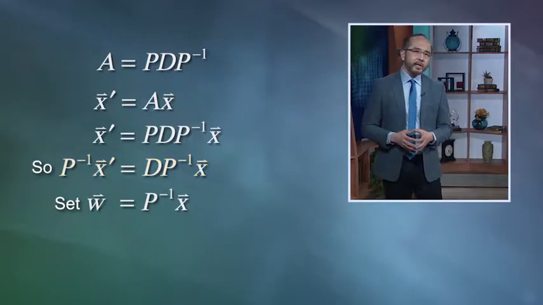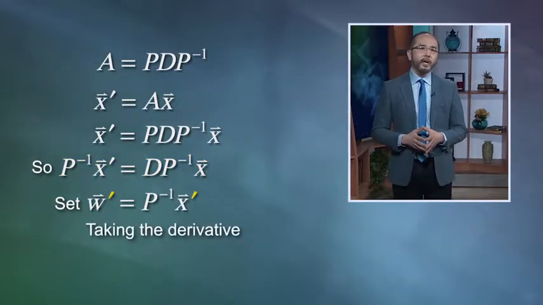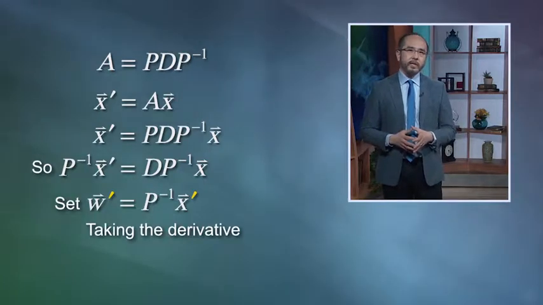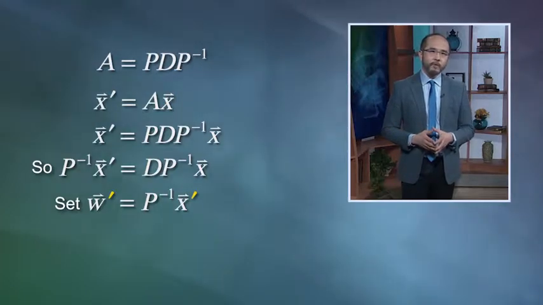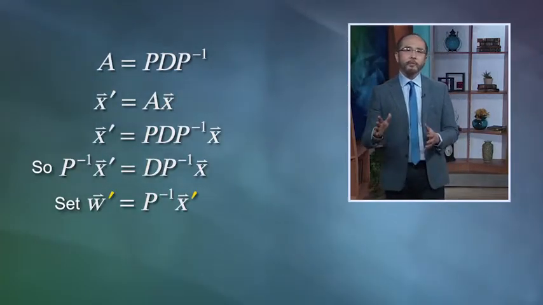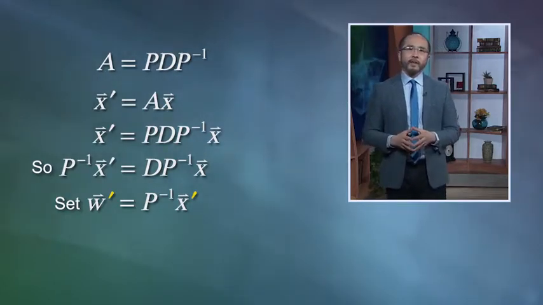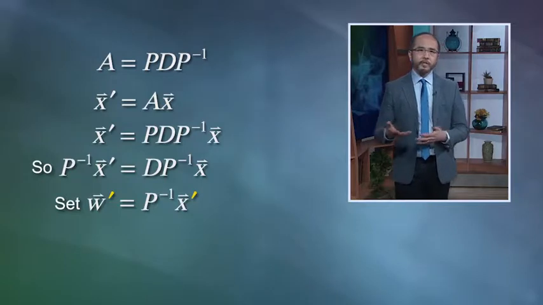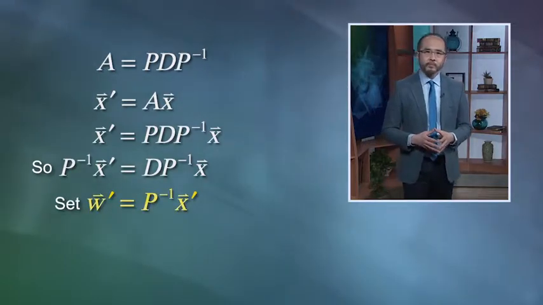Since P is a matrix of constants, taking the derivative of w is just going to be P inverse times x prime. You may have to think about that, but it's very similar to what happens for regular functions where you have a constant times x and you take the derivative, it just gives constant times x prime.